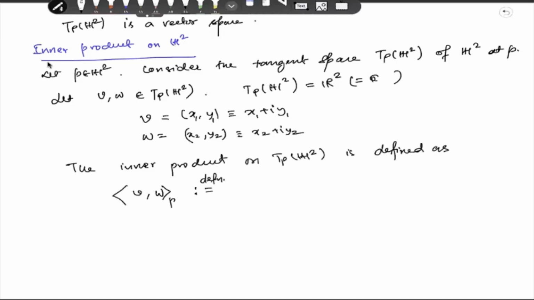You first take x1 x2 plus y1 y2. This is the Euclidean inner product.